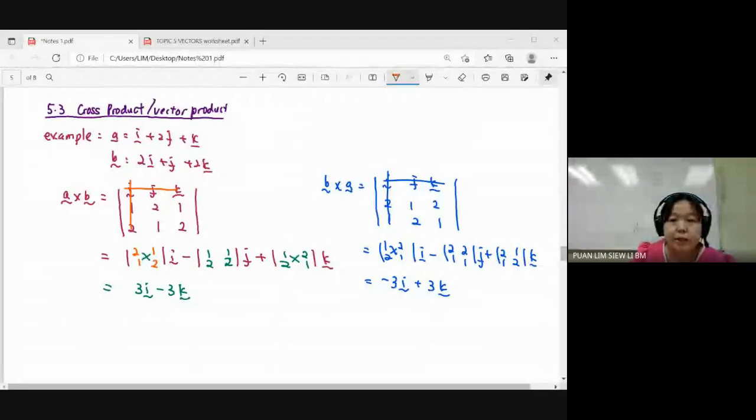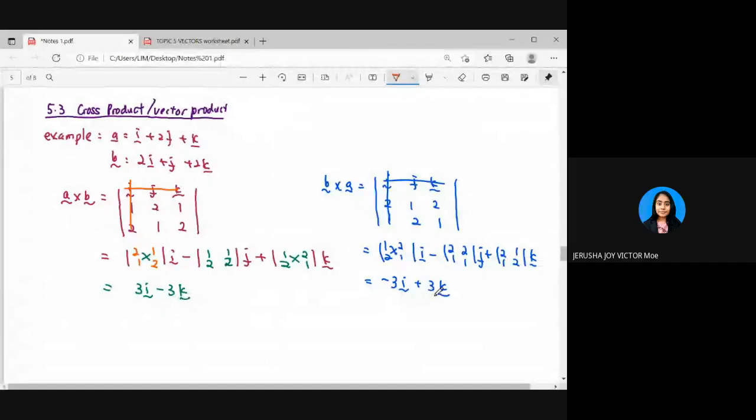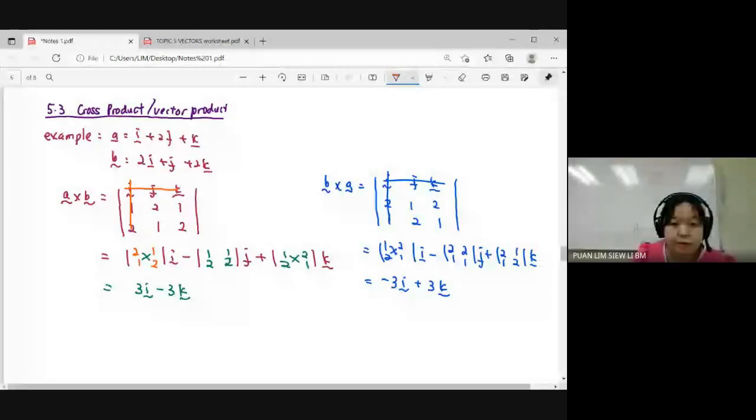So apa yang awak perasan kat sisi ni? Apa yang awak perasan? Ya? I dengan K tu memang terbalik, Miss. Jawapan dia terbalik lah kan?